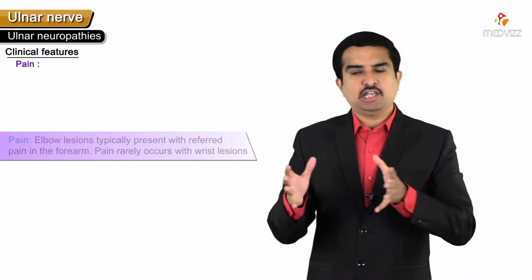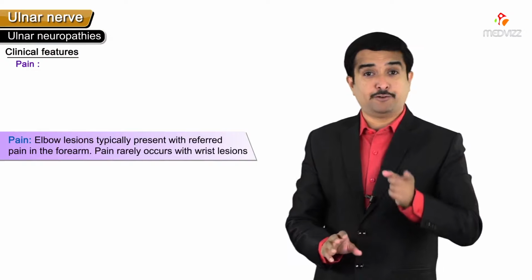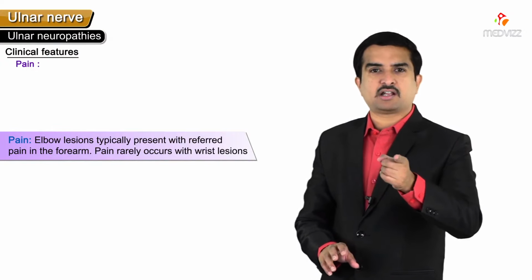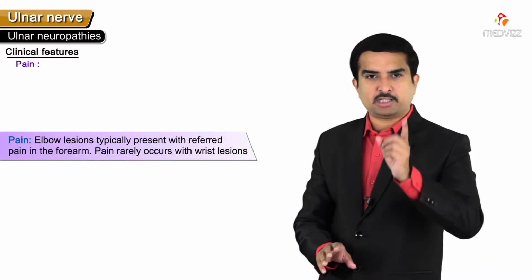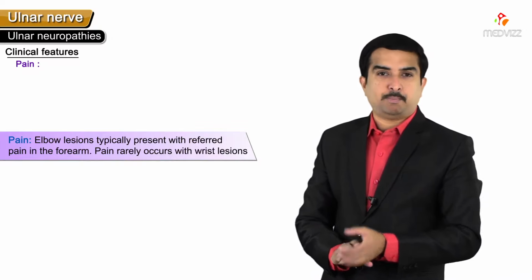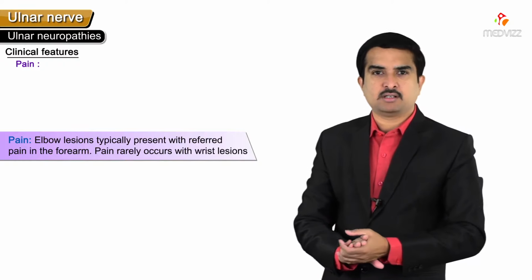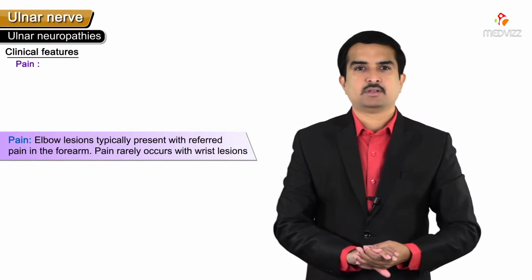Now let us talk about the pain in ulnar neuropathy. Elbow lesions typically present with referred pain in the forearm, whereas pain rarely occurs with wrist lesions. So remember that pain is more commonly seen in cubital tunnel syndrome, but not in Guyon's tunnel syndrome.